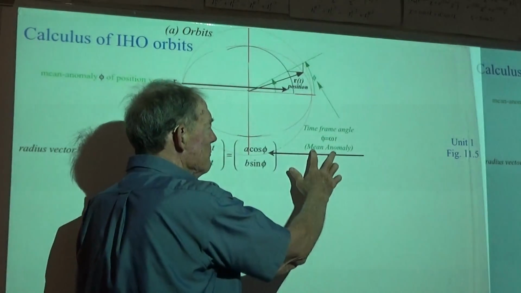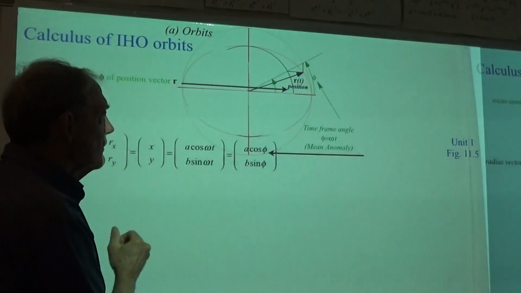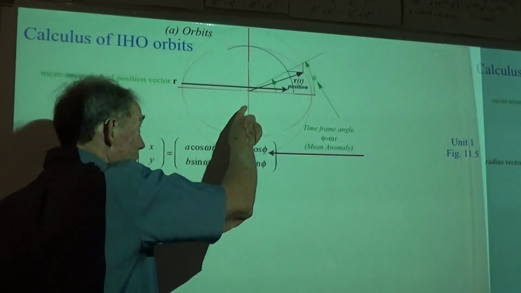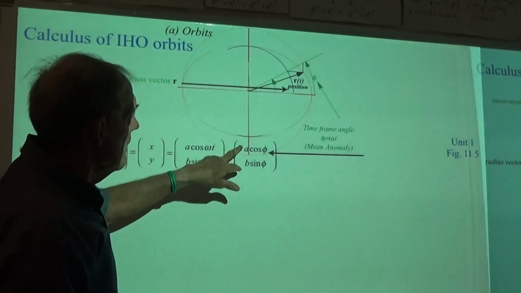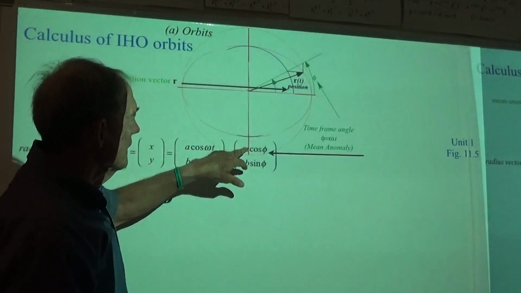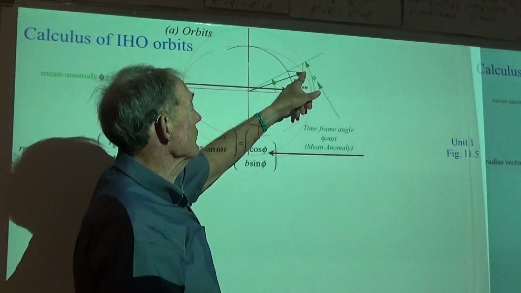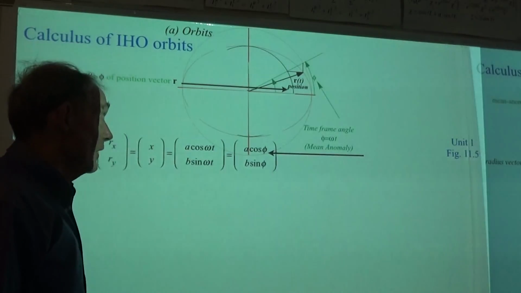I mentioned this was the mean anomaly. If Kepler had done this, that's probably the name he would have given it. And then the eccentric anomaly is the actual position. So the a cosine phi and the b sine phi are built into that particular coordinate there, the zigzag for the actual position.